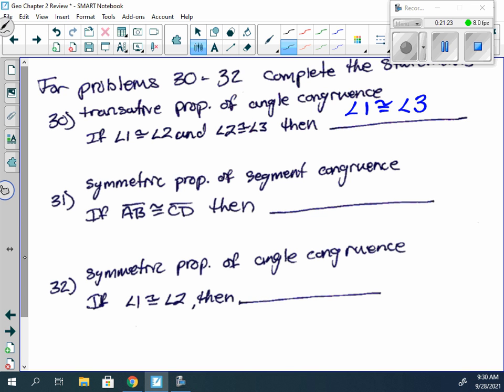If you write line segments, if AB is congruent to CD, then, because symmetric, we flip it, then CD is congruent to AB. Because I'm still going to be marking off if you don't include the line segment or the congruency markers on these here. And you'll need your angle markers as well.